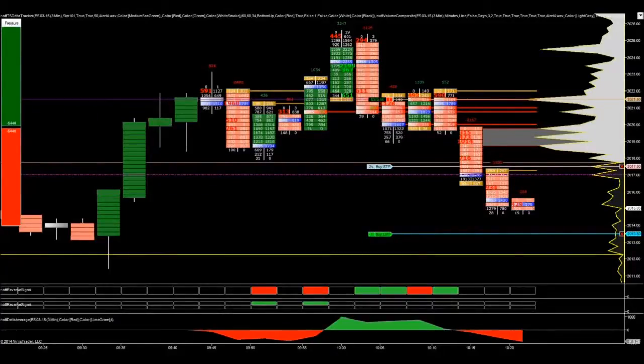Unfortunately, the market does come back and take out my trailing stop, but nevertheless a very good trade. So a very small loss on my initial trade, and very nice profit on this second trade.